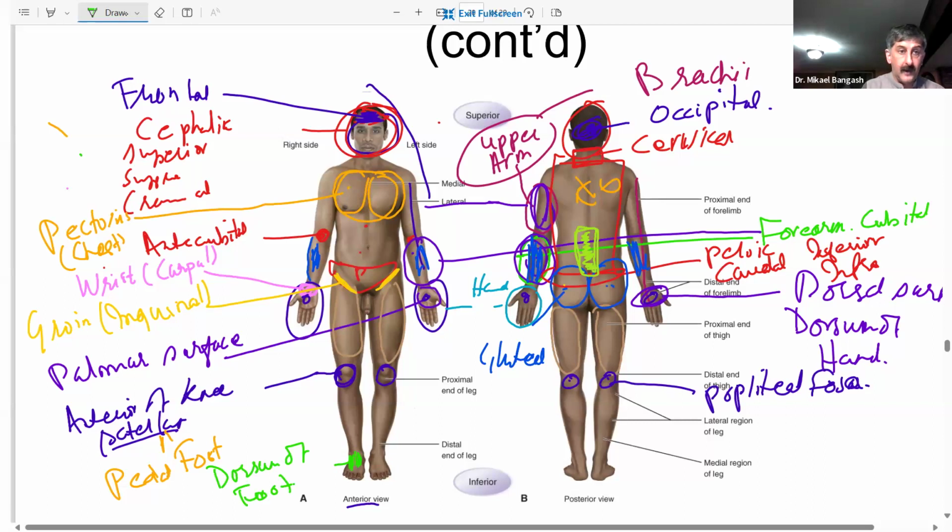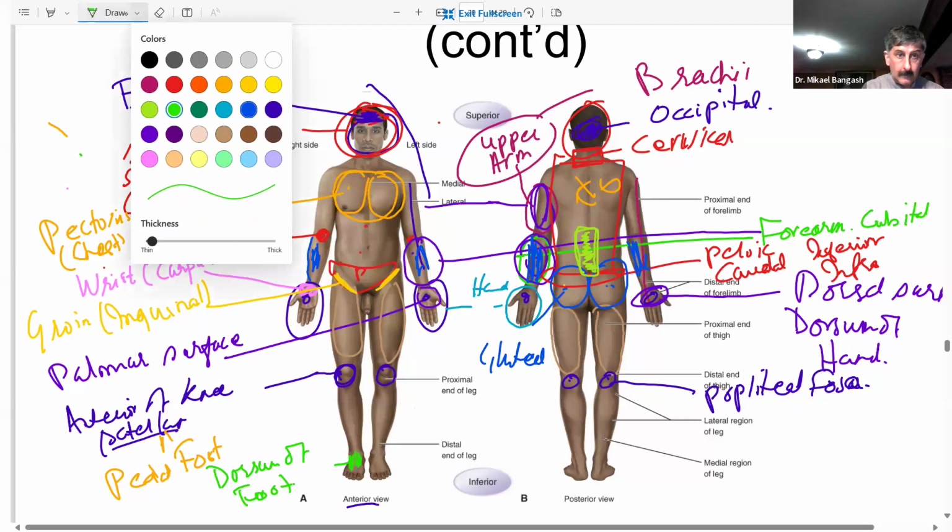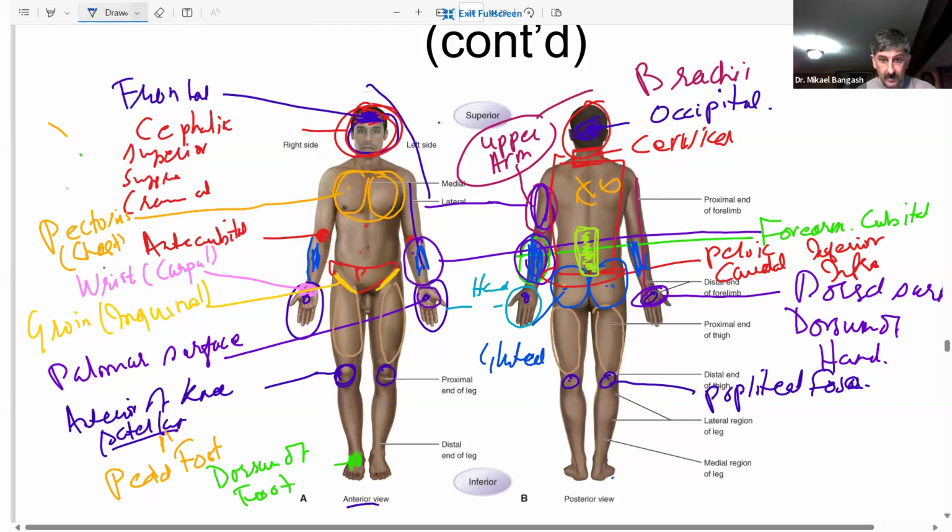Whereas the surface that you're standing on, in plain English we call the sole, but the word for the sole of your foot is going to be plantar. Did you guys get that?